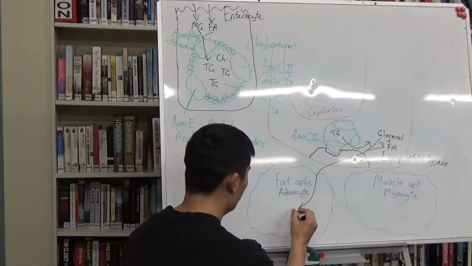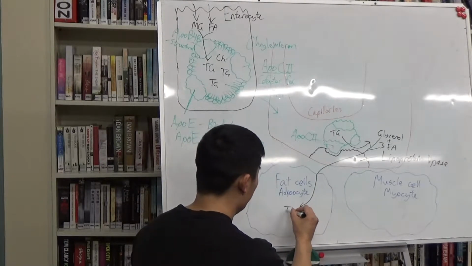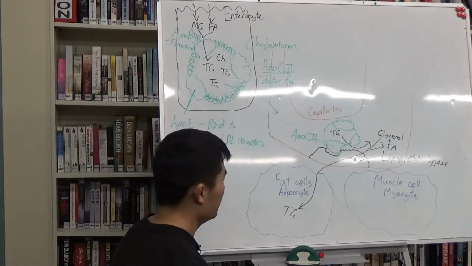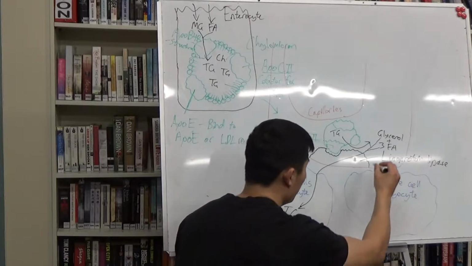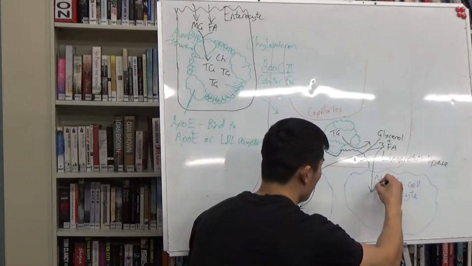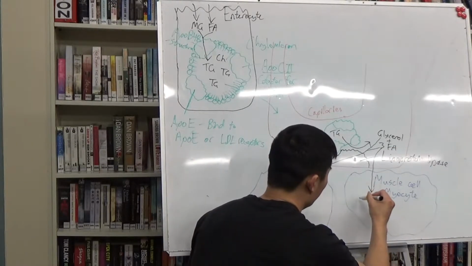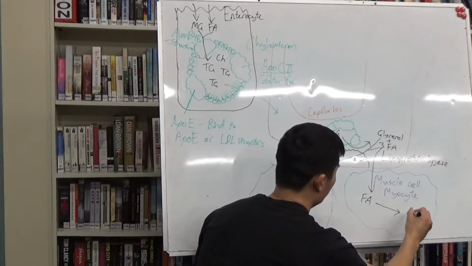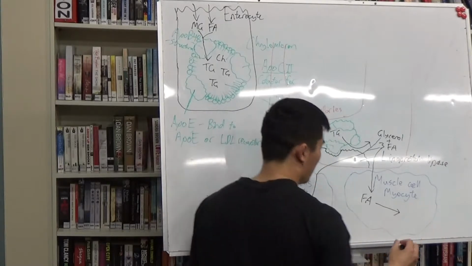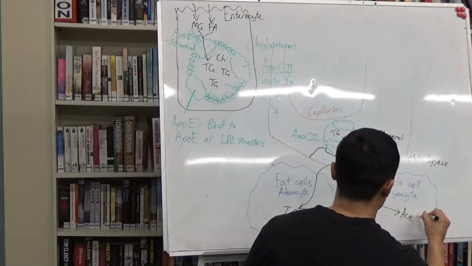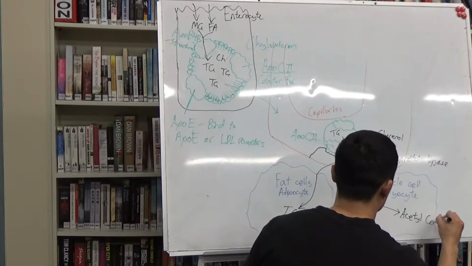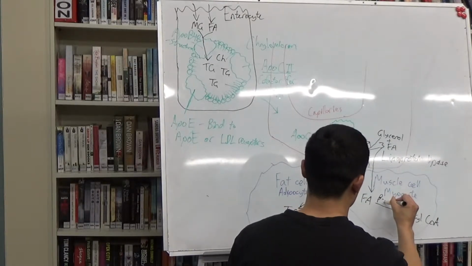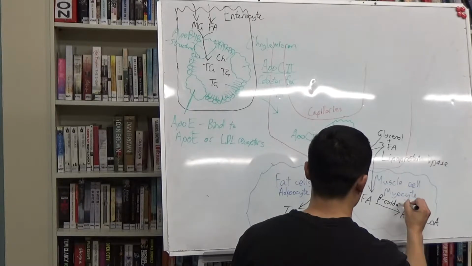Okay, so these will just be turned back into triglycerides in the fat cells, and if they come into the myocyte, the fatty acids will be turned into acetyl-CoA, and this is through a process called beta oxidation.